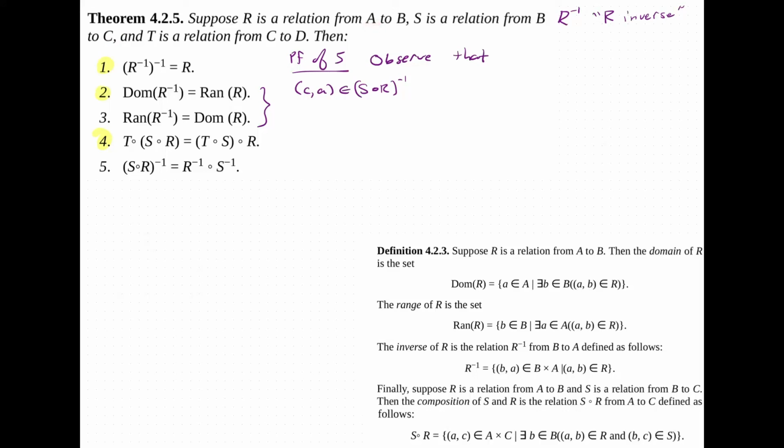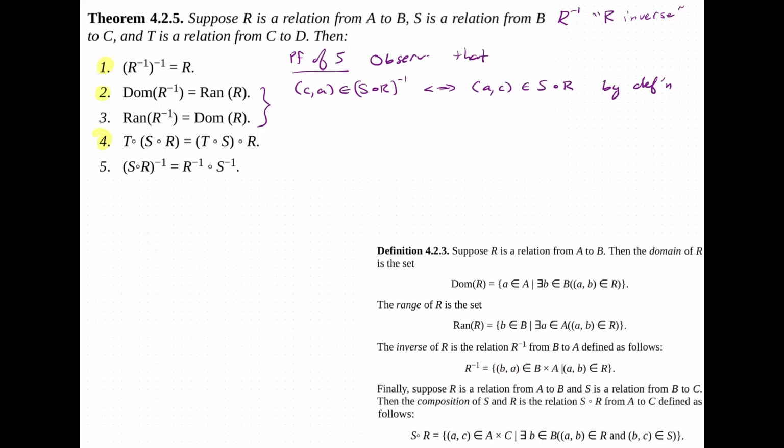By definition, this is equivalent to A, C being in R inverse... that is, A, C is in the inverse of S composed R. Wait, precisely: this is by definition of inverse. All we do is flip the order of the ordered pair, and we are in the inverse of the composition.